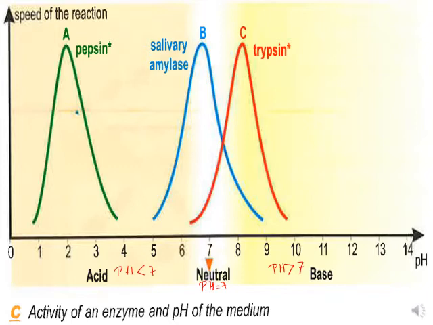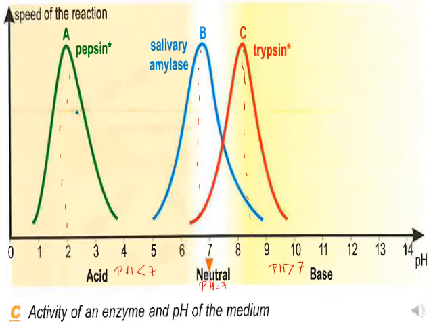The activity of pepsin reaches its maximum at a pH of approximately 2. While salivary amylase, its work was maximum at a pH of approximately 6.5 to 6.7. This maximum pH is around 7, so it's neutral. While trypsin works best at a pH of about 8.5, which is a basic pH.